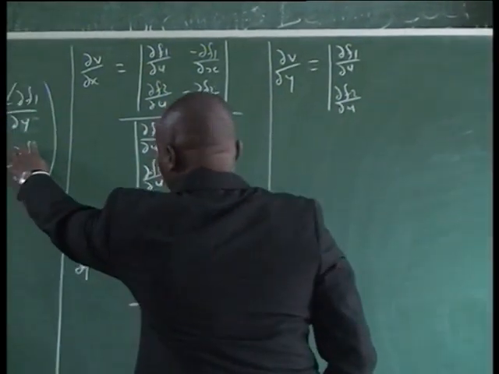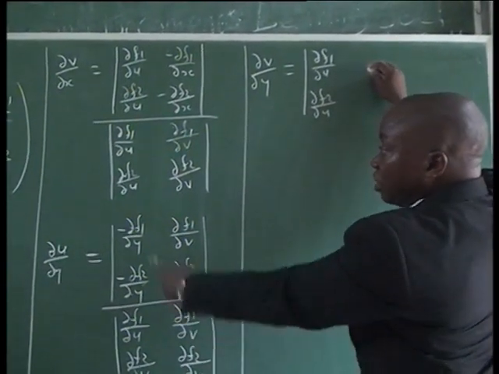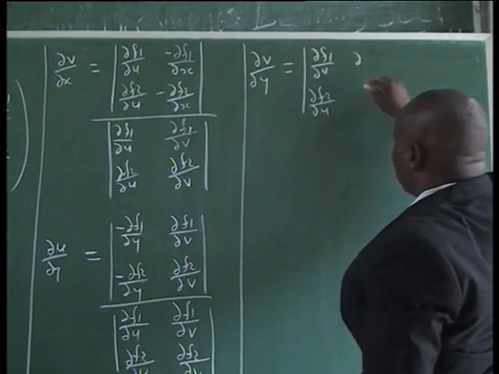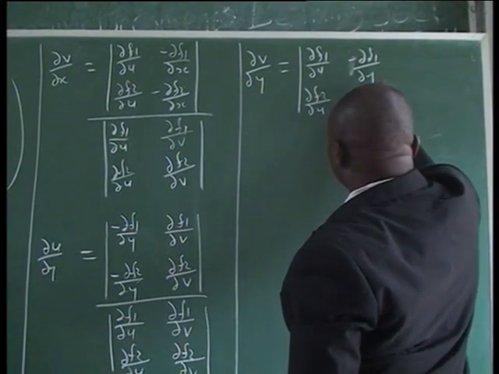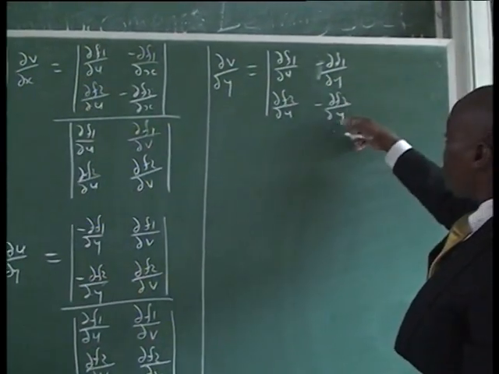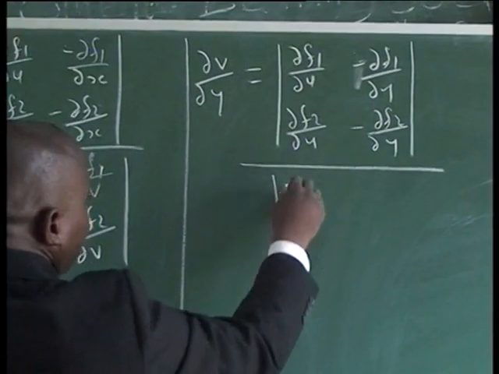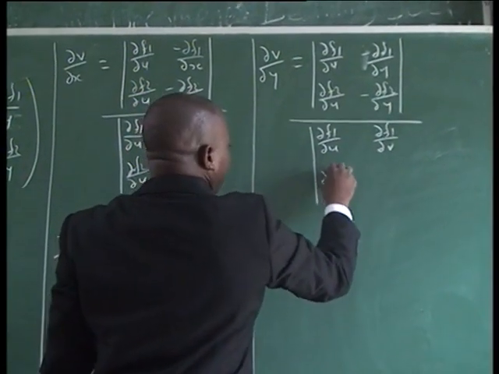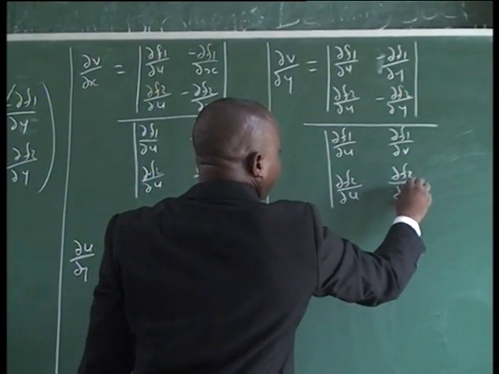Then we bring this one also, and put it in this way where we have a v function, and that will give us minus partial f1 partial y, then partial f2 partial y, divided by this same determinant: partial f1 partial u, partial f1 partial v, partial f2 partial u, partial f2 partial v.